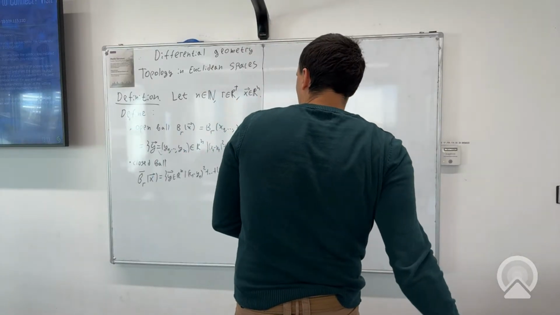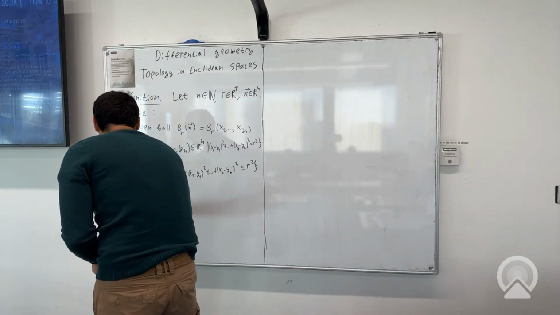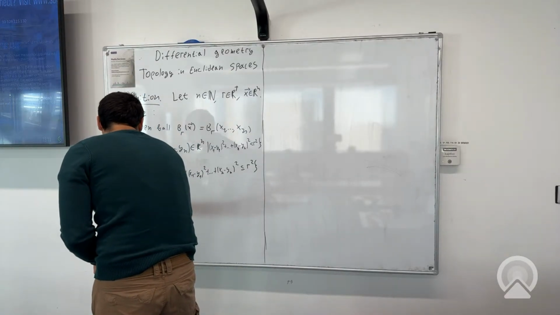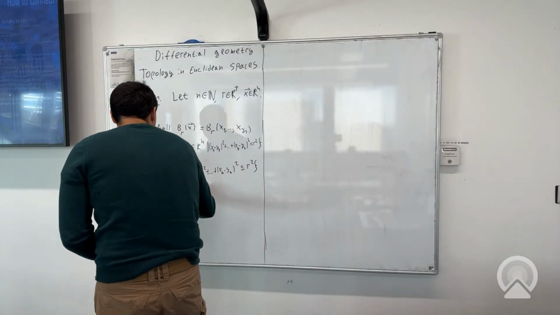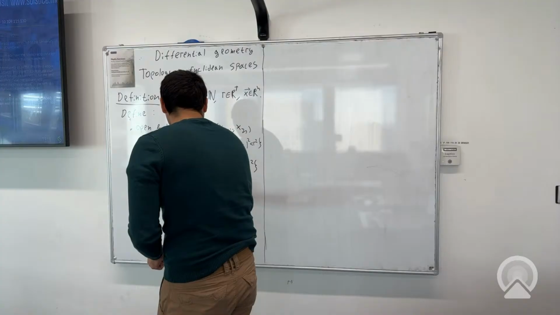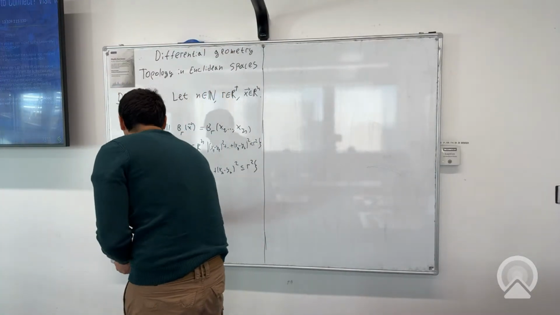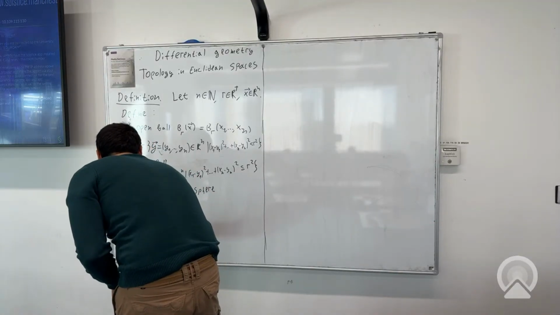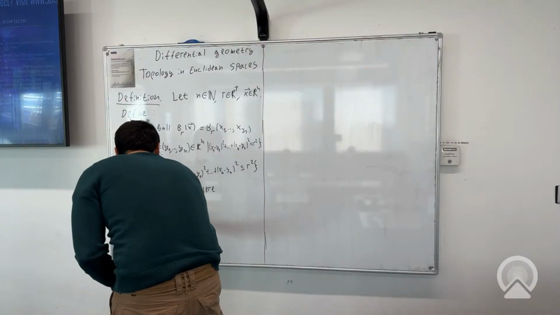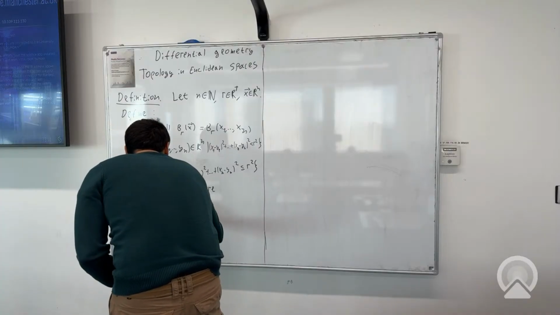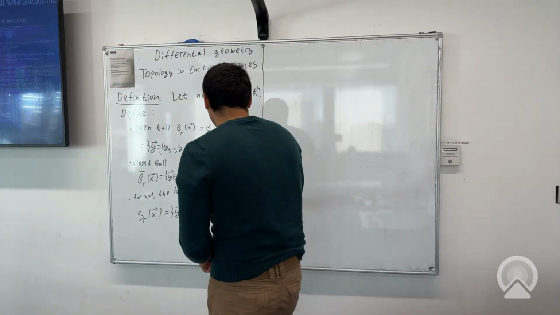And for, let's say, n bigger than 1, the (n-1)-sphere S_r of x is the space of points such that the distance to x is exactly r.